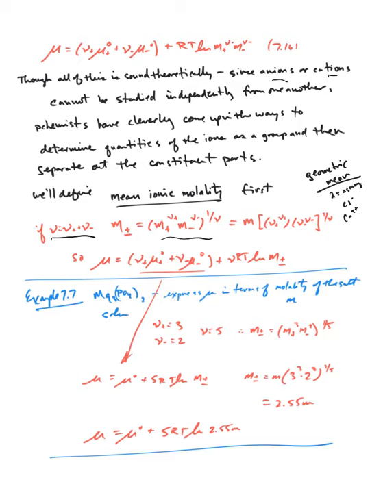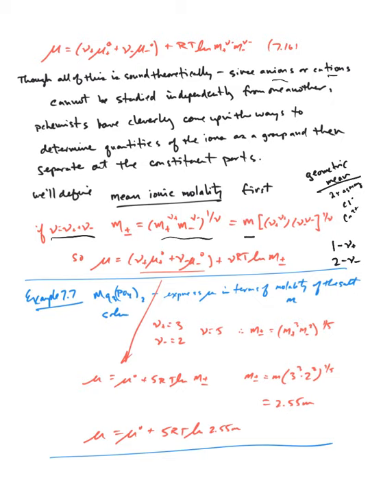So in my example before, I said that the calcium was a plus 2. There was only one of them. So the V plus for calcium chloride would be a 1, and the V minus for chloride would be a 2. So you need to apply those into the equations as shown.